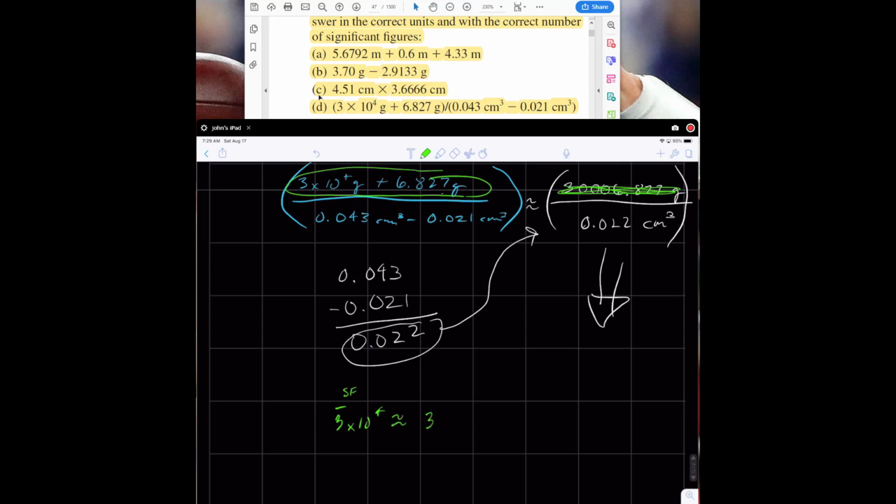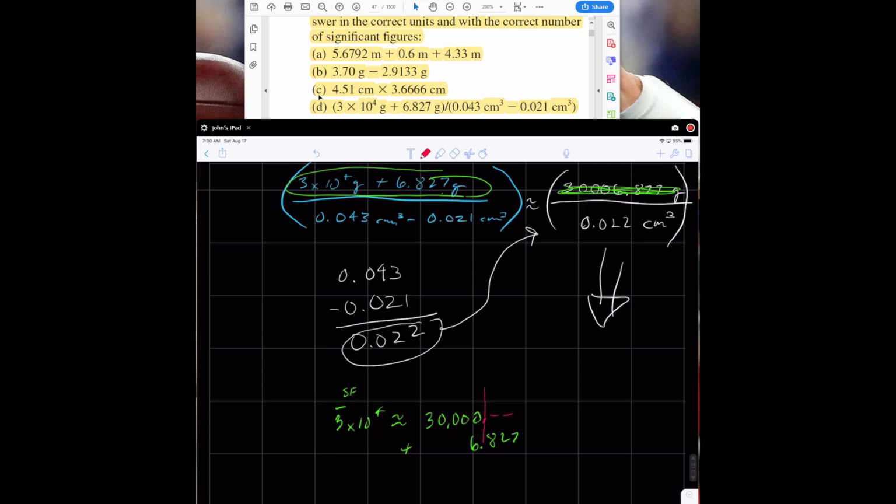So if we were to translate it, we said it was 30,000. And then if we were to add 6.827, we can hypothetically place a decimal point right there, and there aren't any digits after this decimal point.